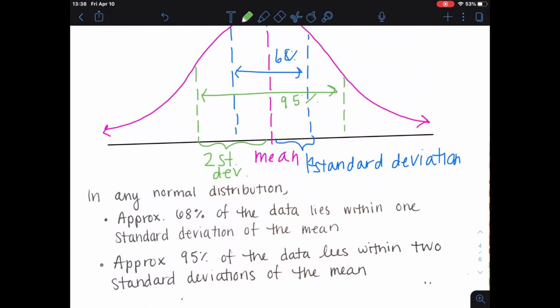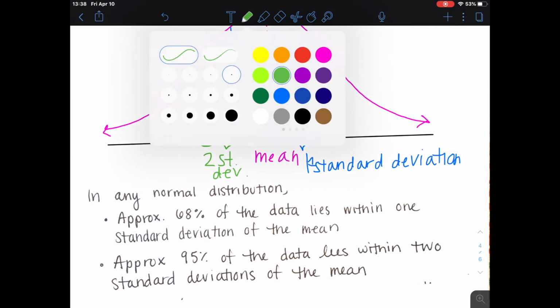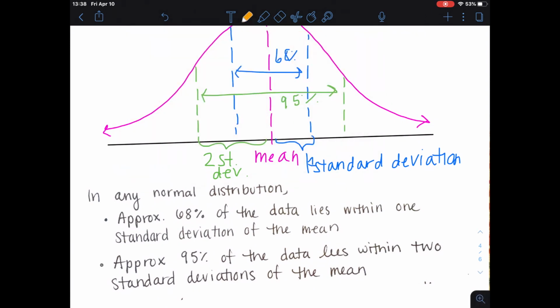And then finally, if you go out one more standard deviation, so same distance out, this will be 3 standard deviations on each side. Then the majority of your data is going to lie in here.